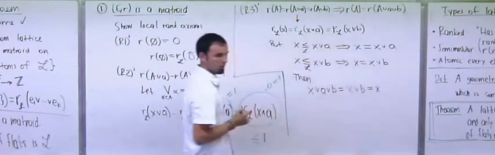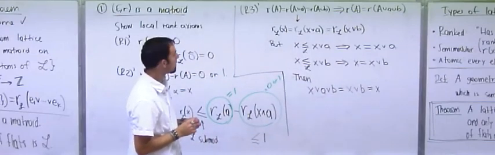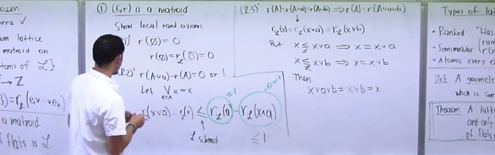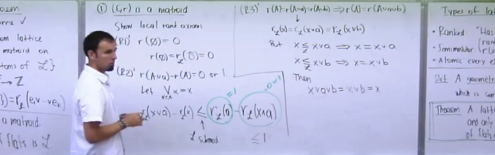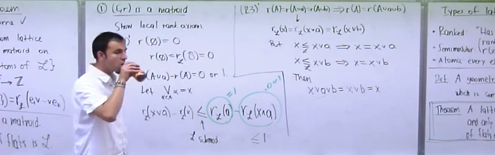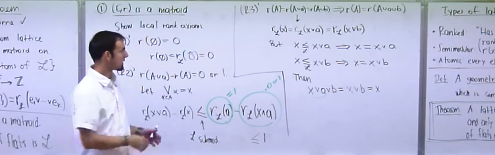So does this mean that A and B were in my set to start with? Because if the join of that doesn't change, it's just X. If A was some other atom that wasn't in X, it would have had to go up.